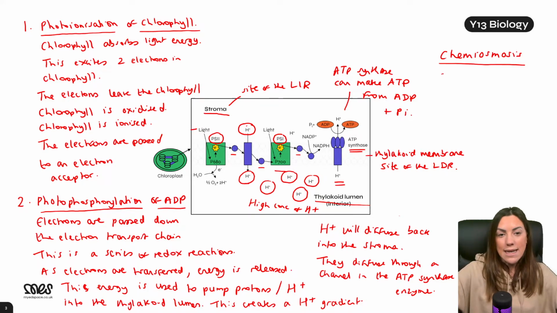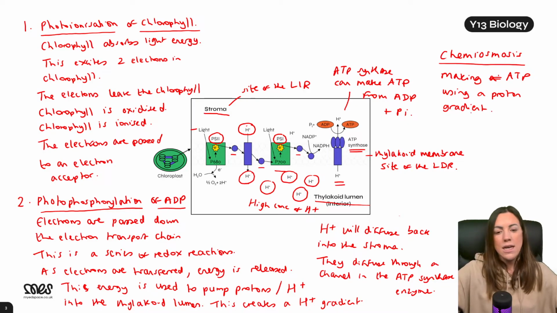Chemiosmosis is basically where we are making ATP or driving the formation of ATP using a proton gradient. Okay, so it's this idea where we have created a proton gradient, and that proton gradient is driving the formation of ATP via the ATP synthase enzyme.